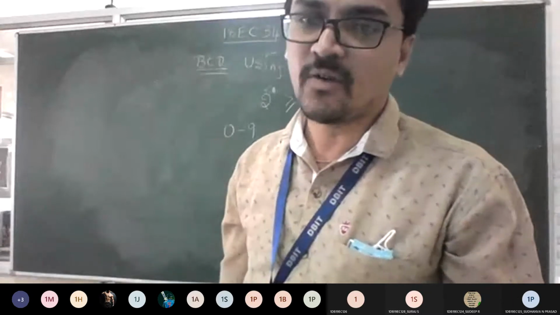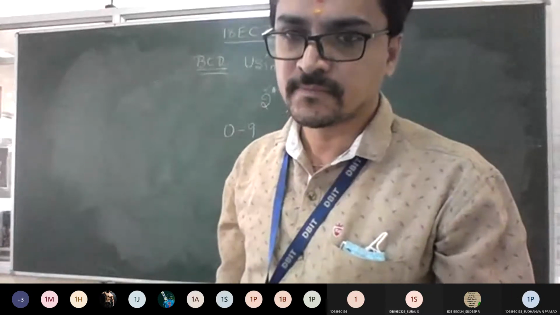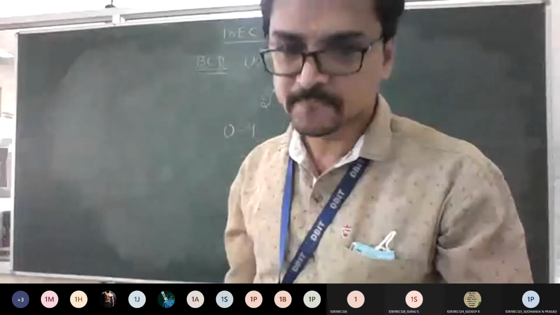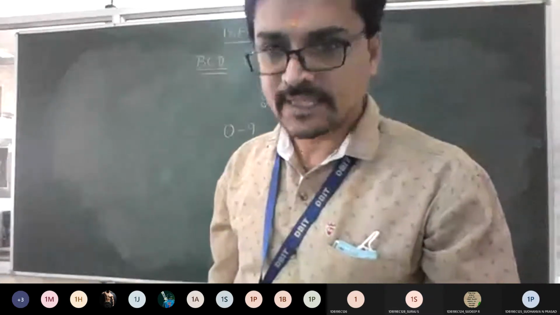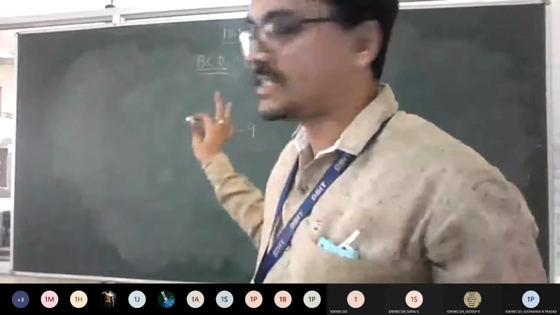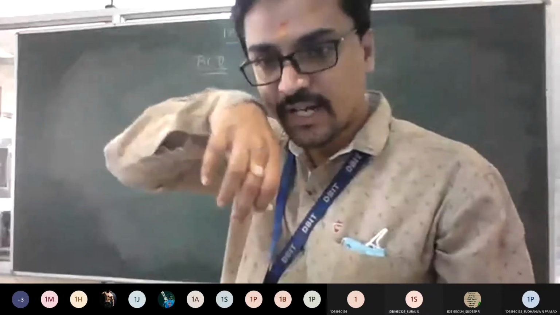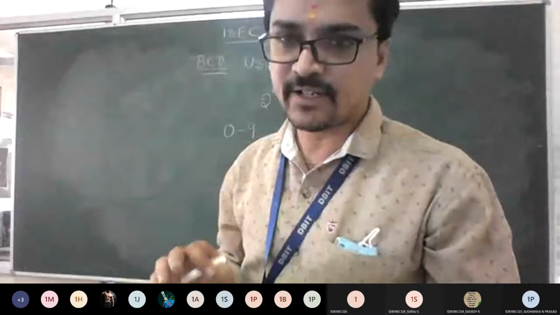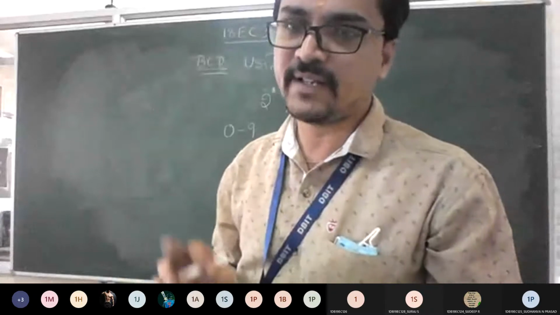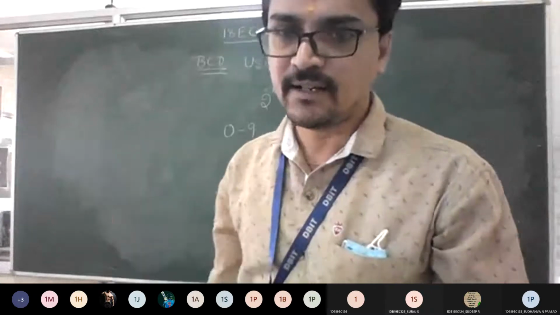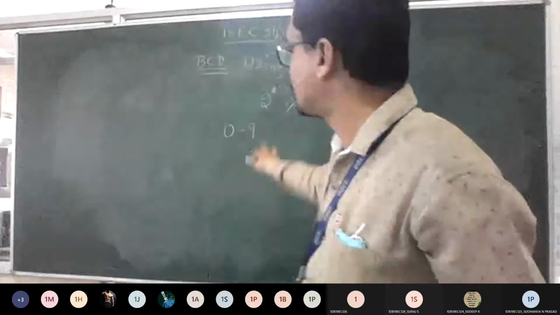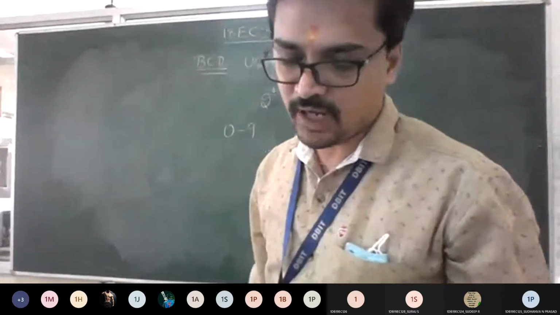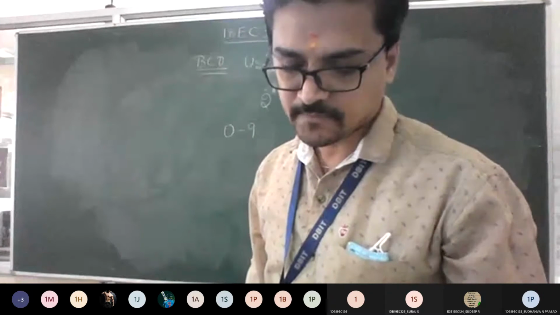After 9, you would go to hexadecimal, where 10 is A, 11 is B, and so on, but that is not part of BCD. So 0 to 9 means 10 states.